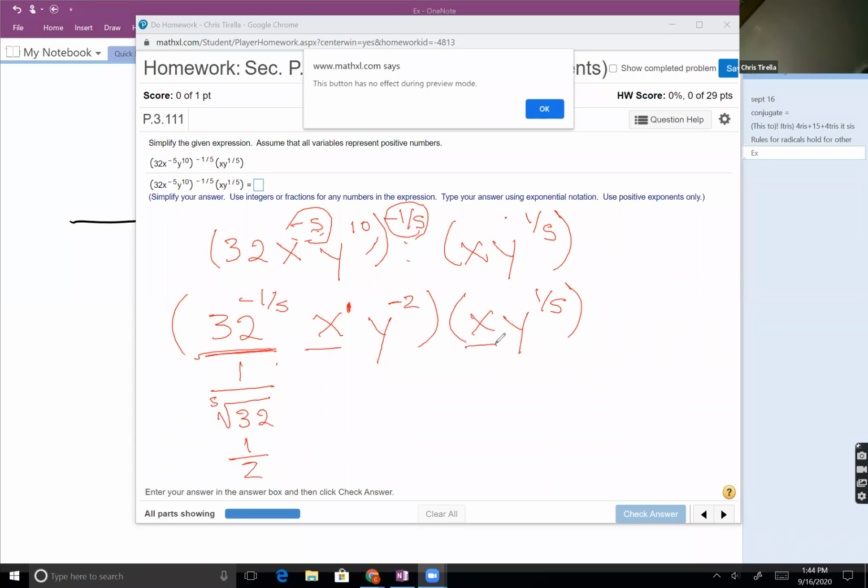X to the first times x to the first is x squared. Now here, y to the negative 2 times y to the 1/5 would be y to the negative 2 plus 1/5. In the interest of time, will you trust me that that addition gives me y to the negative 9/5?